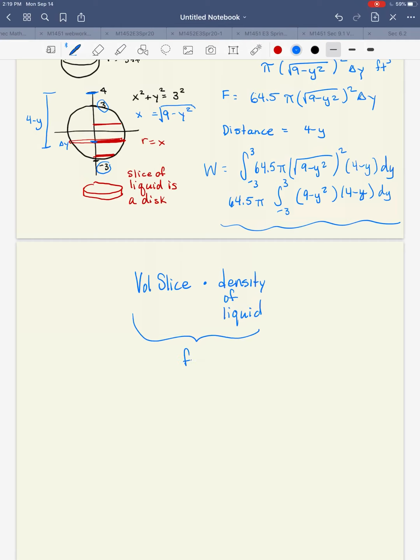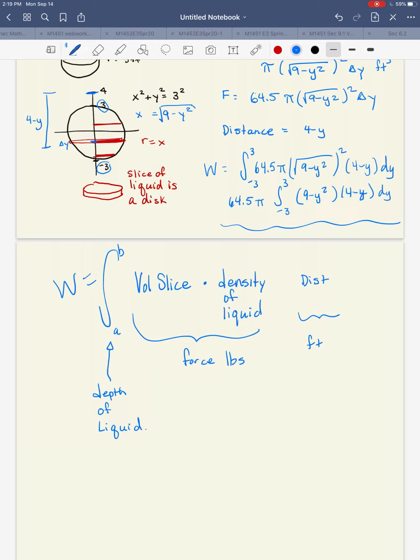All of that will give you the force. Then you multiply that by the distance that it travels. Then that will be in feet. This will be in pounds. And then you compute the total work, where the numbers here represent the depth of the liquid.